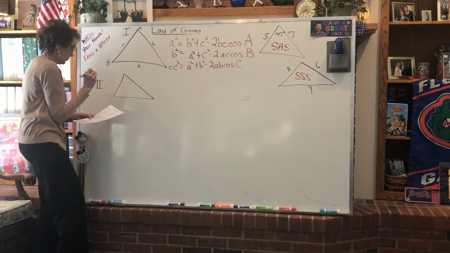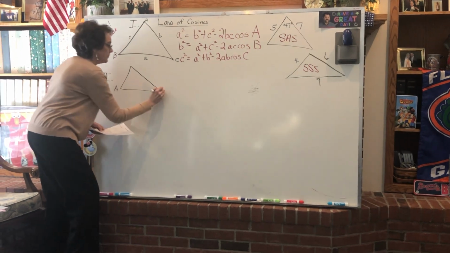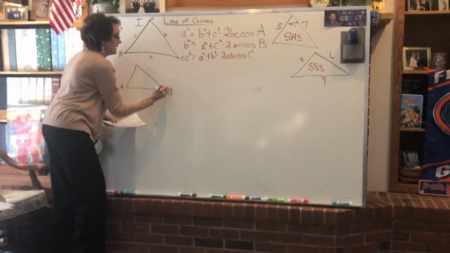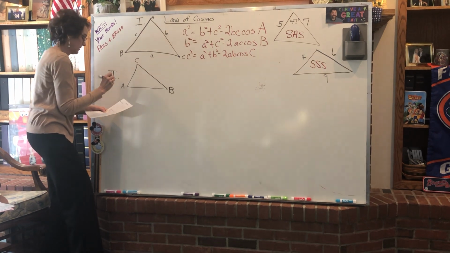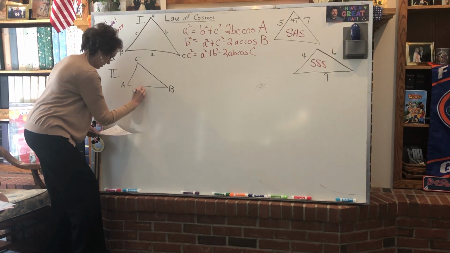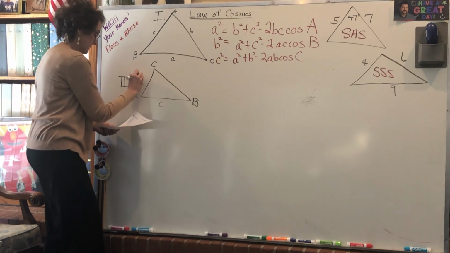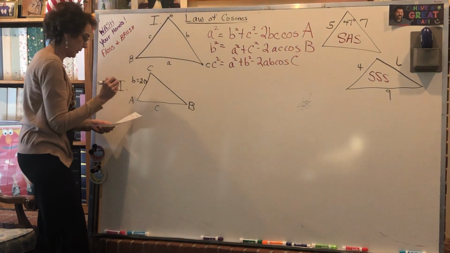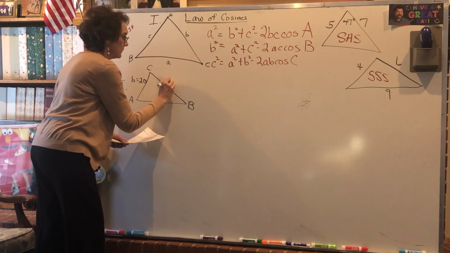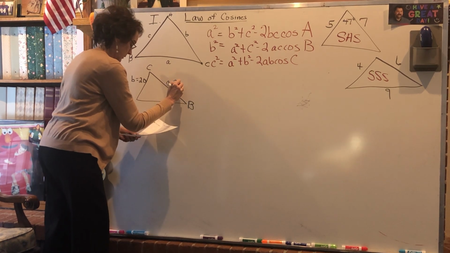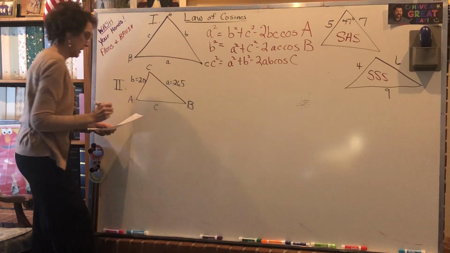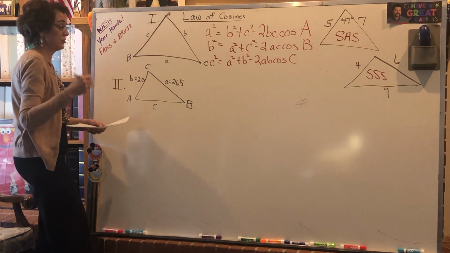Okay, so this is A, B, C this time. And so little c is across right here. And B is 20. And we also know A, 26.5 units. We don't know if they're inches or whatever.